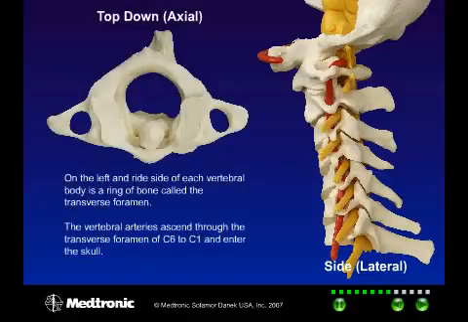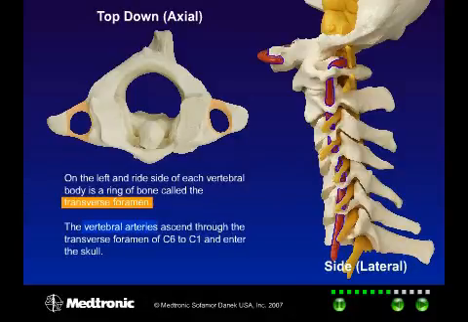On the left and right side of each vertebral body is a ring of bone called the transverse foramen. The vertebral arteries ascend through the transverse foramen of C6 to C1 and enter the skull.